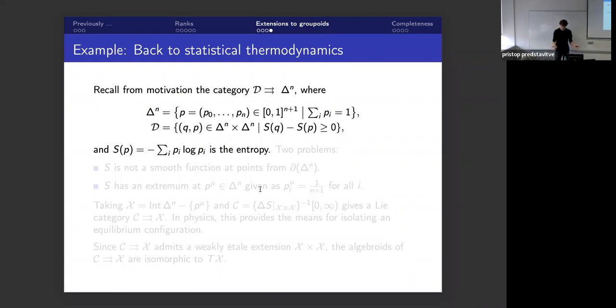Well, you have a large box of particles, each of which can be in one of finitely many microstates. A configuration of this system is a point of the n simplex. This is just the probability that upon randomly picking a particle out of that box, it's going to be in the ith microstate.